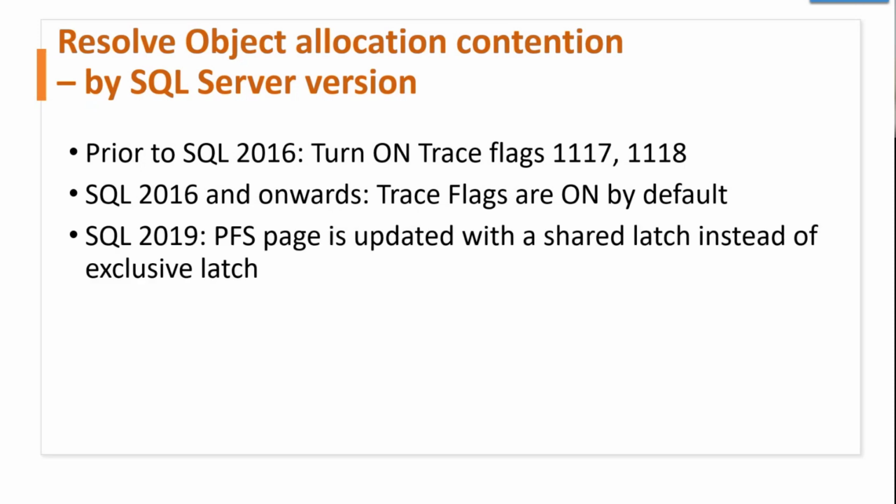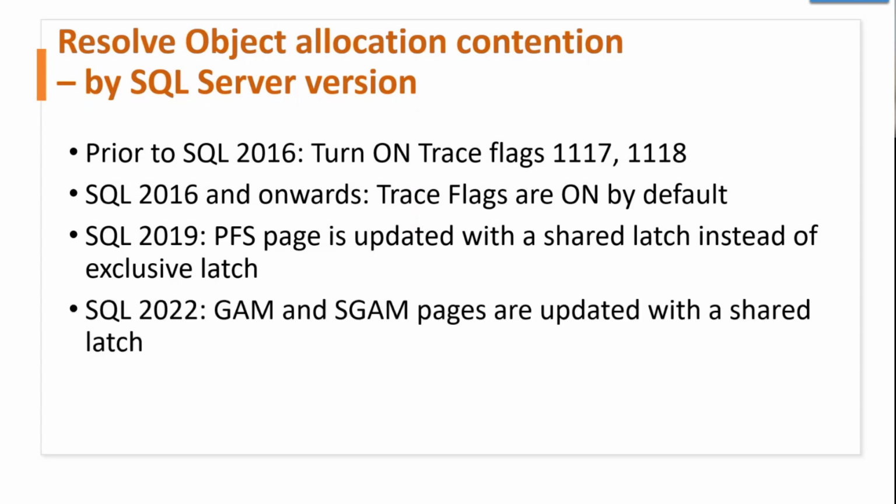In 2019, there was a good improvement with the contention where we saw contention on PFS, GAM, and SGAM pages. 2019 addressed the PFS contention: all the exclusive latches have been updated with a shared latch. So you should not see contention on the PFS page in the 2019 version. In 2022, there is a very good improvement because the two things that we were lacking were GAM and SGAM pages to address the contention.